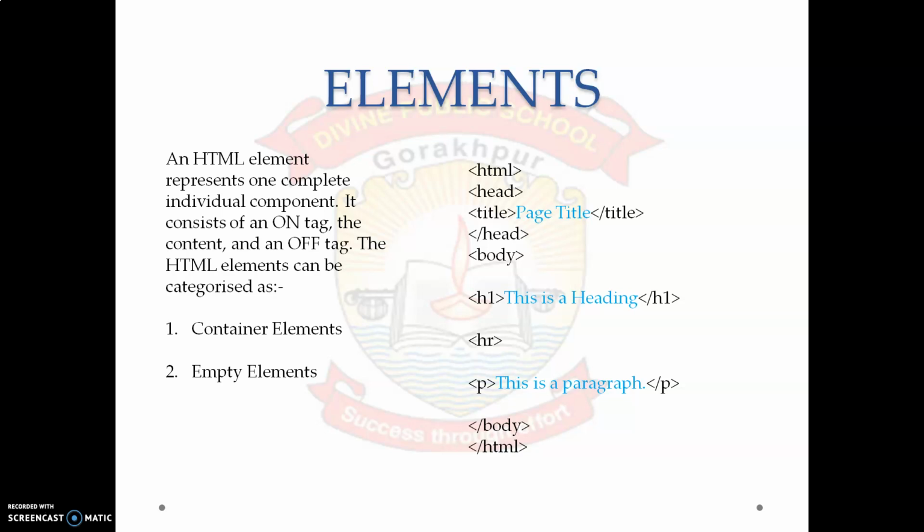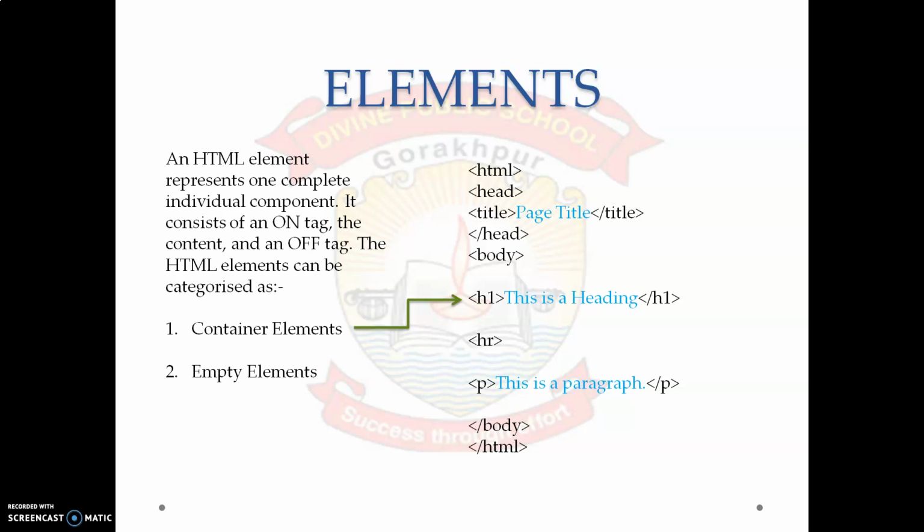So let us find out how we can tell which one is a container tag and which one is an empty tag. Here, a tag which has an on tag and an off tag is known as a container tag, because in between the on and off tag there is something.